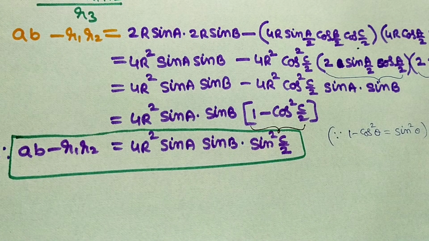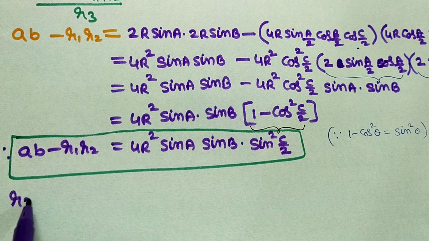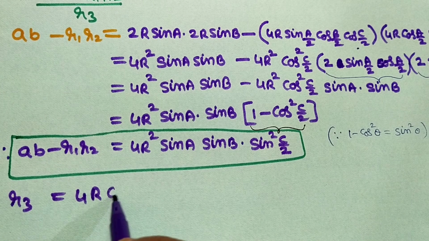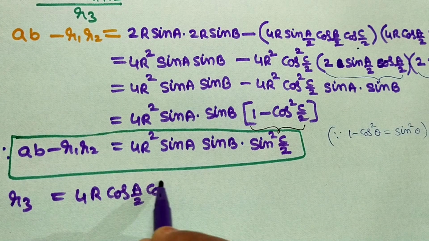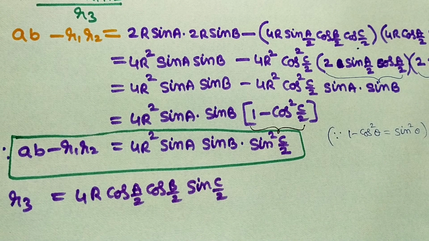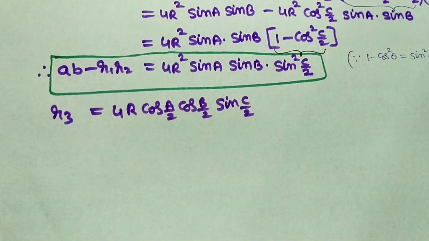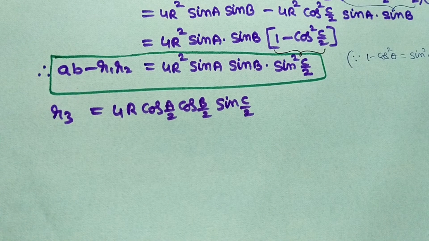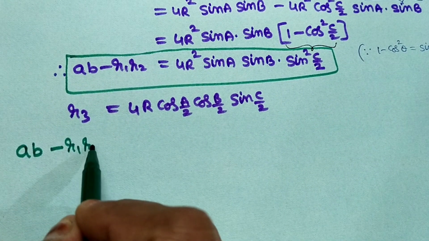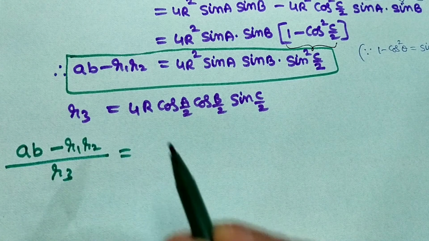Now R3 denominator. R3 value is R3 equal to 4R cos A by 2 cos B by 2 sin C by 2. Now calculating AB minus R1 R2 divided by R3.